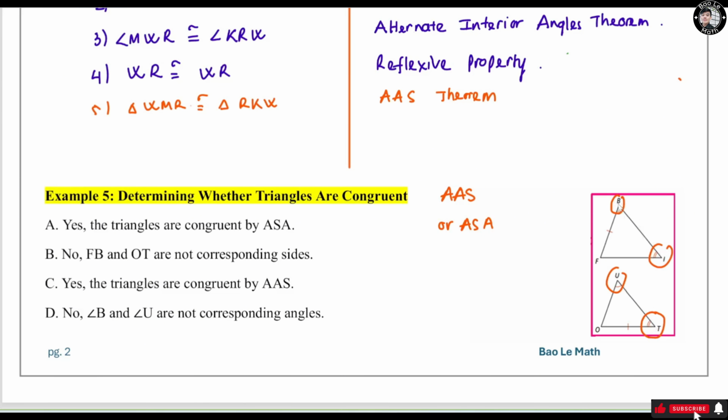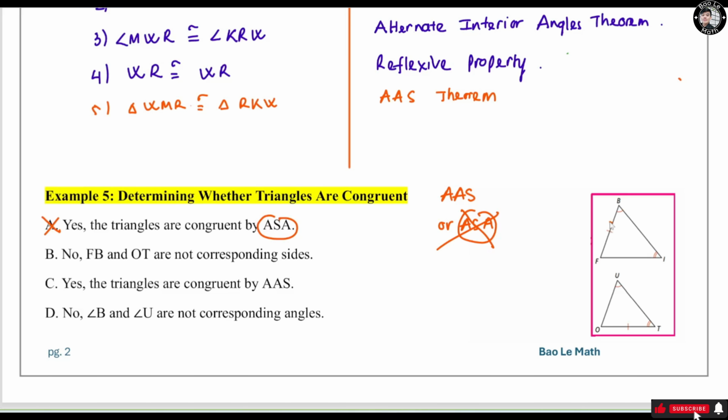We see that angle. We need the side length in the middle right here to use ASA, but it's not given. So we eliminate this one, we eliminate A right here, because it says ASA. Now, if we use the side length right here, this one and this one must be corresponding.